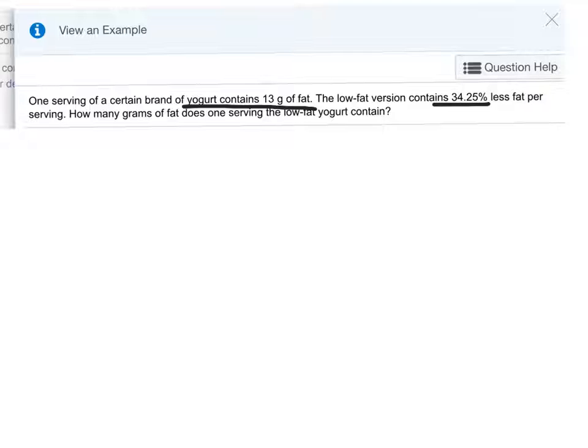So in other words, they're going to take that 13 grams of fat and they're going to remove or subtract 34.25% of it, because obviously for it to have 34.25% less fat, you've got to subtract it, and that's that less. So how many grams of fat does one serving contain of the fat yogurt?